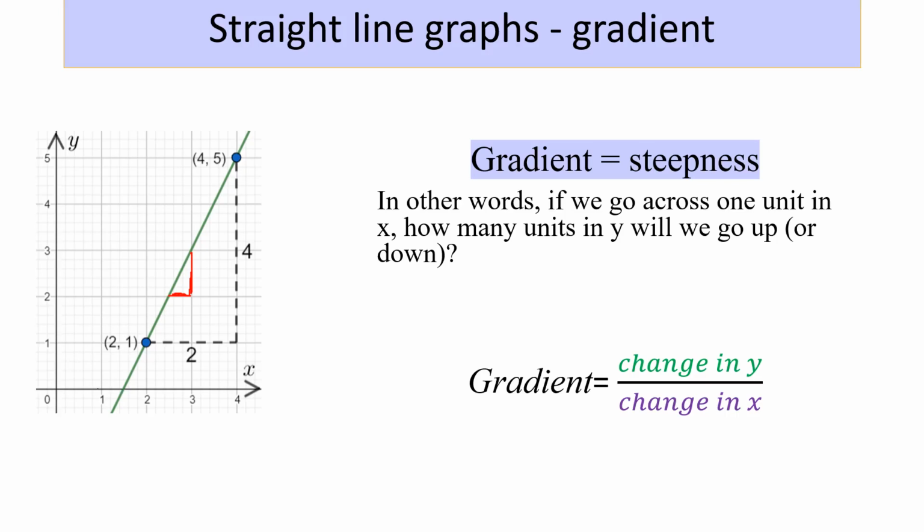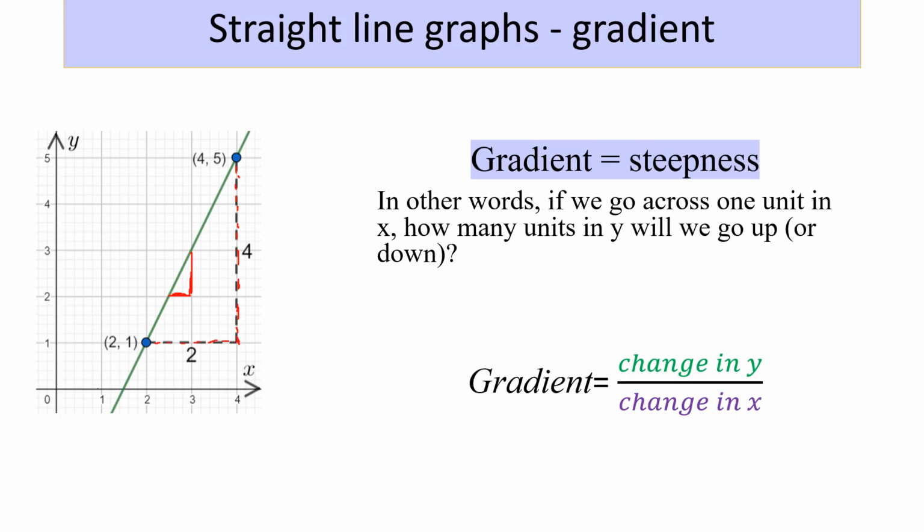Now to find the gradient, you need to divide change in y by change in x. You see we've got 4 here, so I go 4 units down, and I go 2 units across.